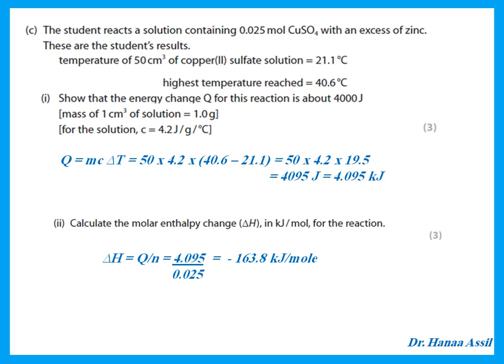That means the temperature went up. When a temperature rises, that means that the reaction gave out heat. That means it is an exothermic reaction, and that means ΔH has to be negative. So remember, if the temperature goes up, ΔH is negative. If the temperature goes down, ΔH is positive, and you have to put the positive. You have to show him the sign.